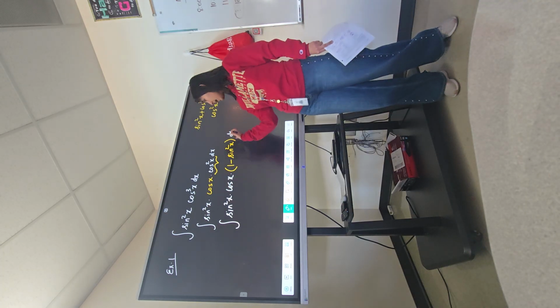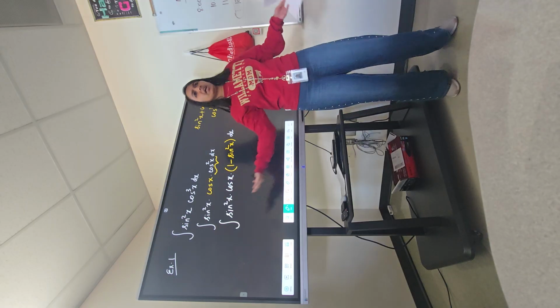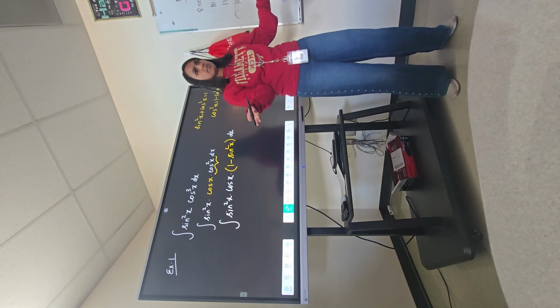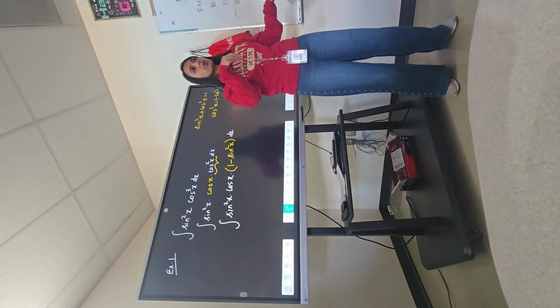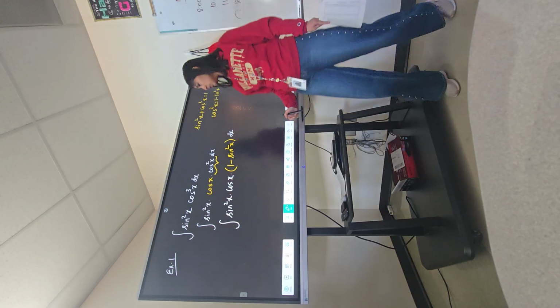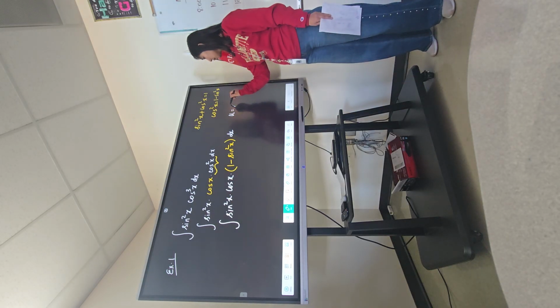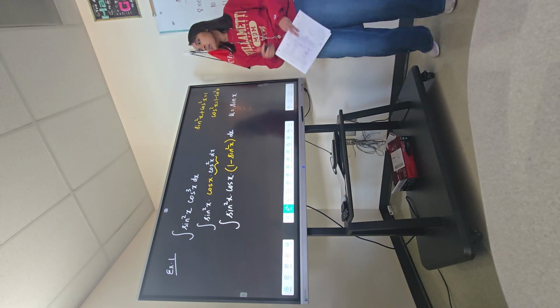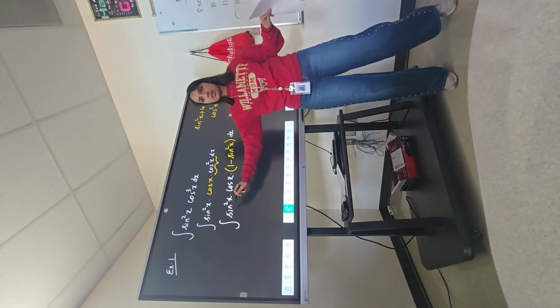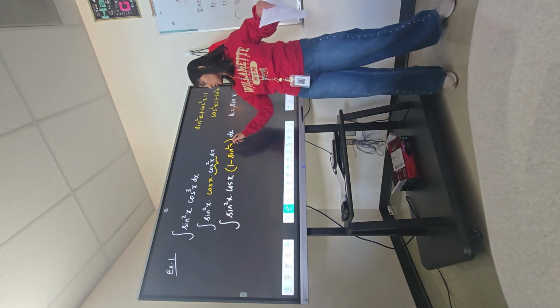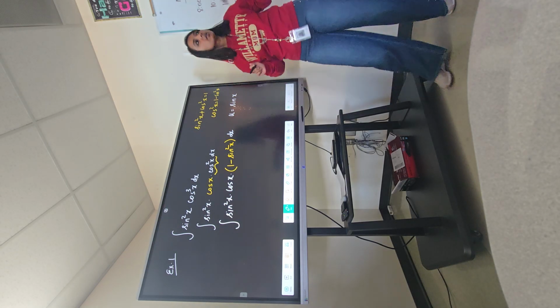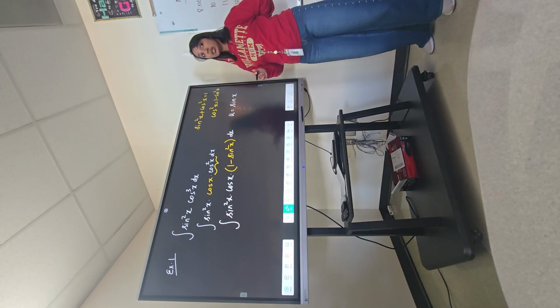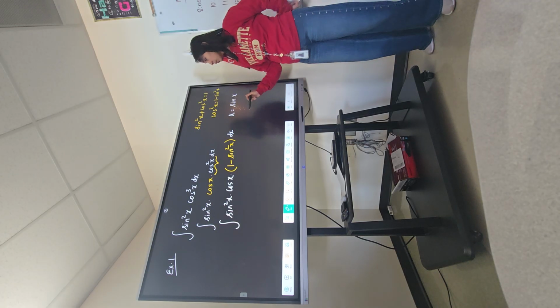But I can't substitute for sine squared or any of those. It's hard to do that. So I'm going to pick the harder one as my u. So u is going to be sine x, because then I can replace sine squared as u squared. That is the whole point. Because if you did it the other way around, it won't work.